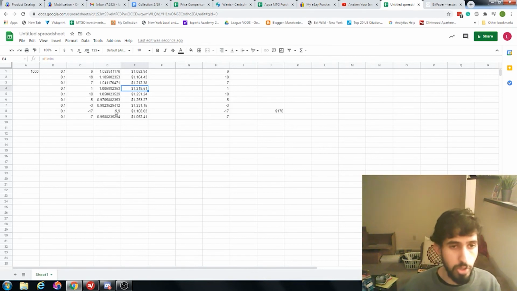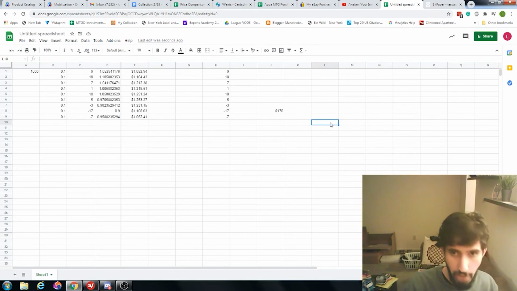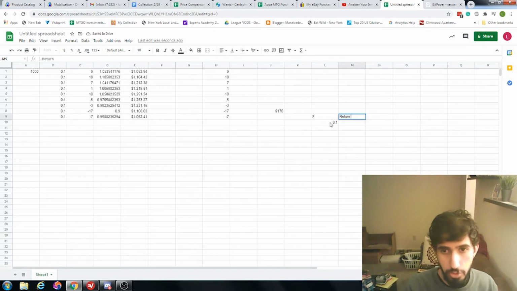Any order you want to change those. So basically what we're looking at is, what do we end up with in the end? We ended up with 1062.41. So when we choose an f of 0.1, say f, our return is 6.241.